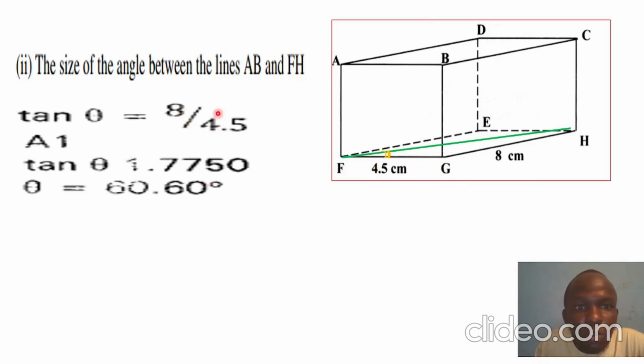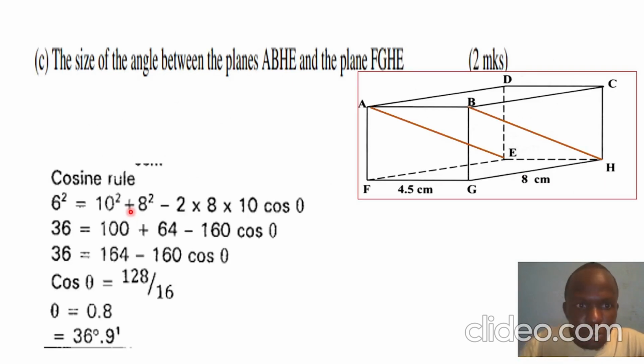So that will be 8 over 4.5. Tan theta is equal to 1.7750, and tan inverse of that is 60.60 degrees. On to the next example.